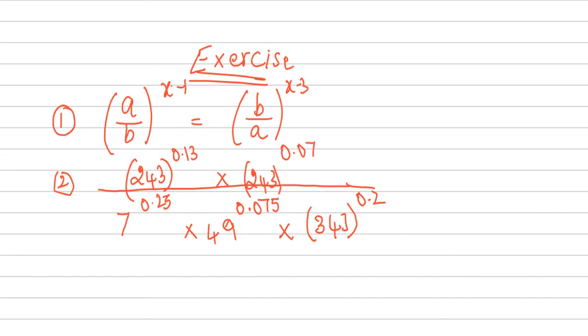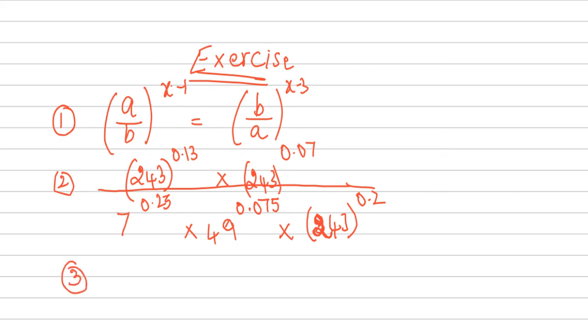Okay, so if you look at all the terms, they are nothing but 7 is 7 to the power 1. 7 means 7 only. 49 is 7 square, and 343 is 7 cube, right? So with this hint, try to solve this problem.